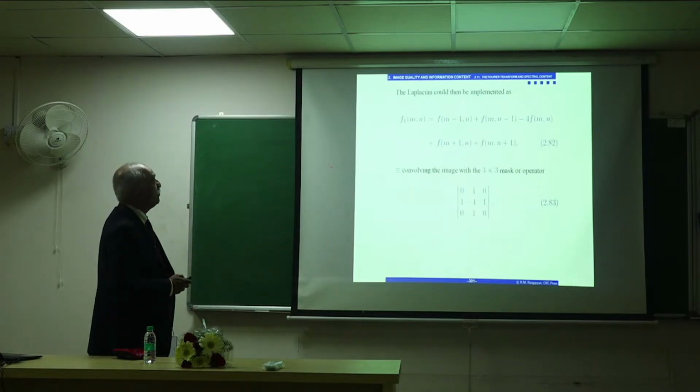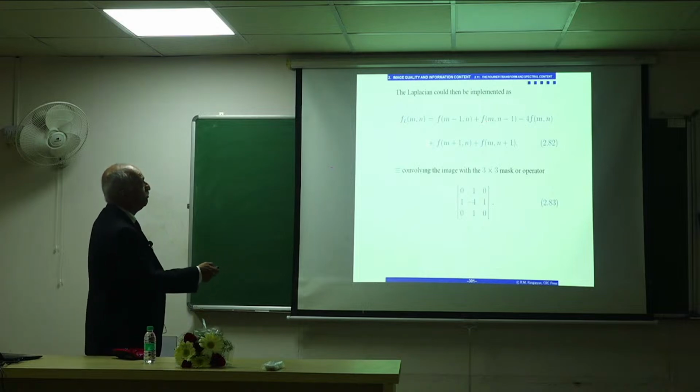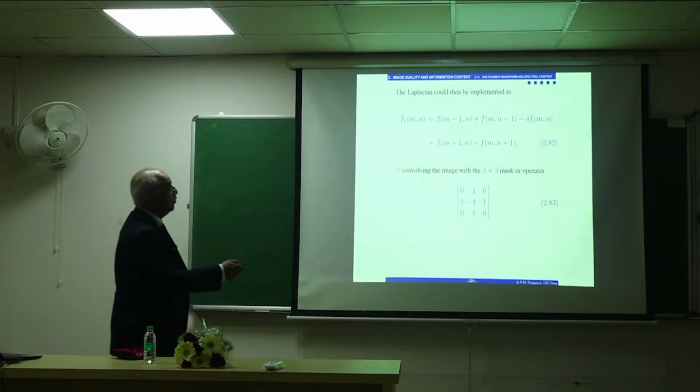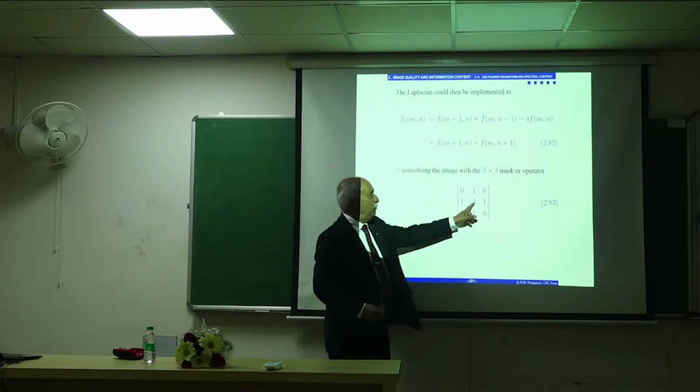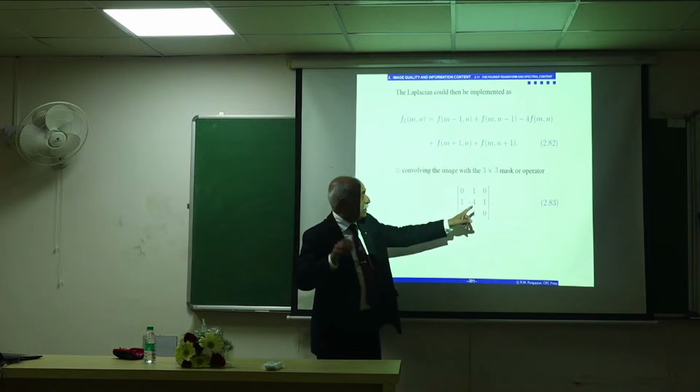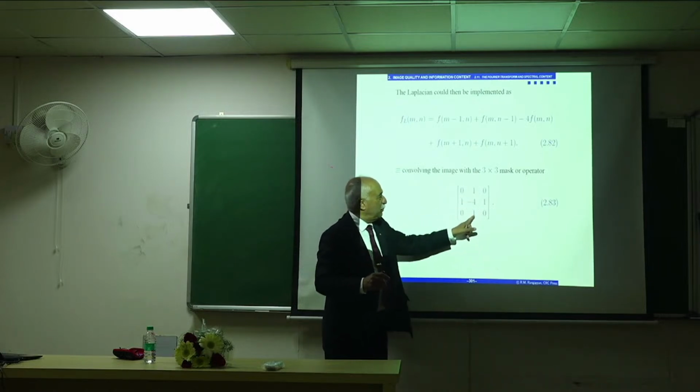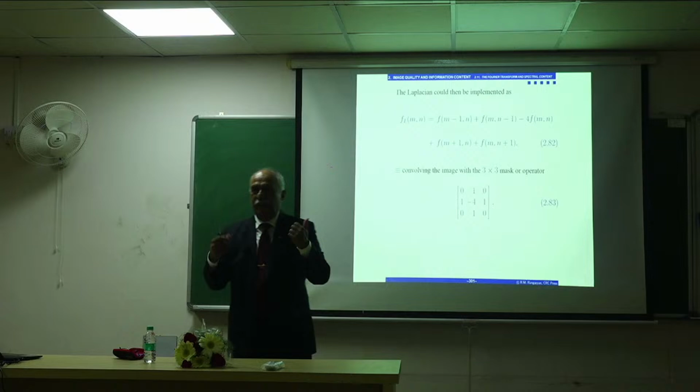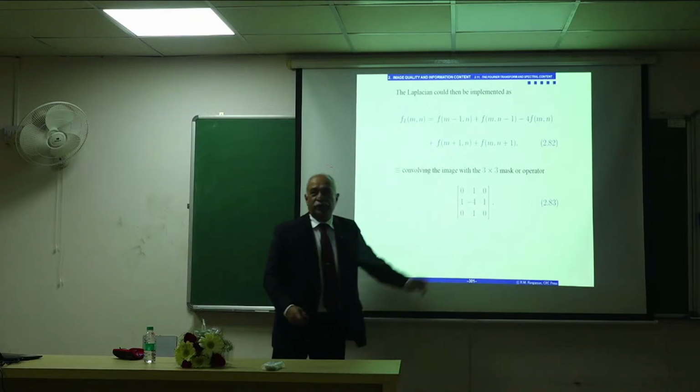You combine them, the Laplacian, you add them, you get this mask: minus 4 for the center pixel in a 3 by 3 mask, plus 1, plus 1, plus 1, plus 1, top, bottom, left and right. The corner pixels are not used.